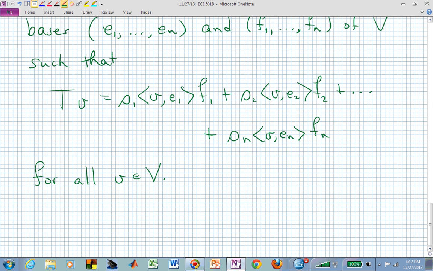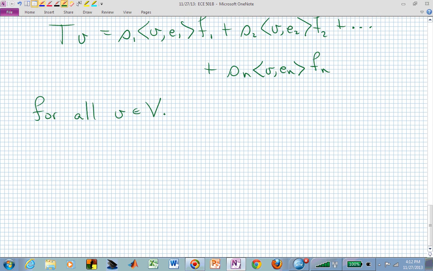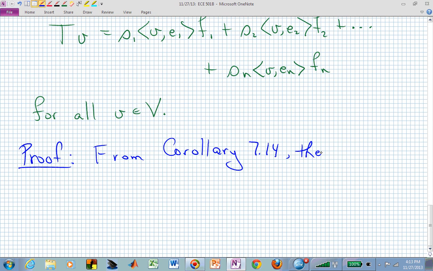Let's now prove this, and it will hopefully help illustrate where these ideas are coming from, or where this decomposition is coming from. First, if you go back and look at corollary 714, that actually allows us to make the following statement.